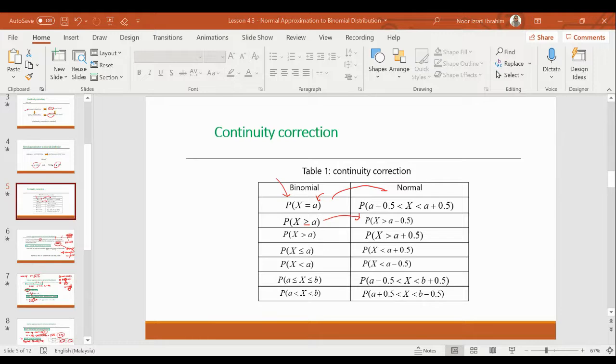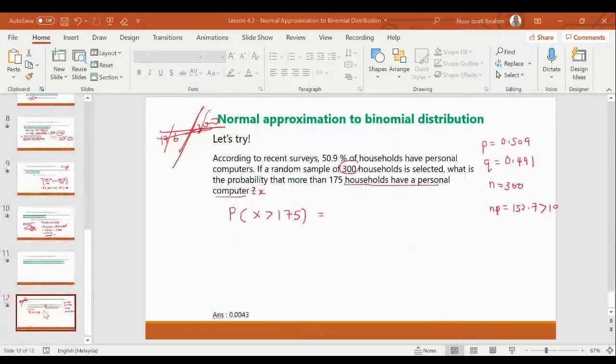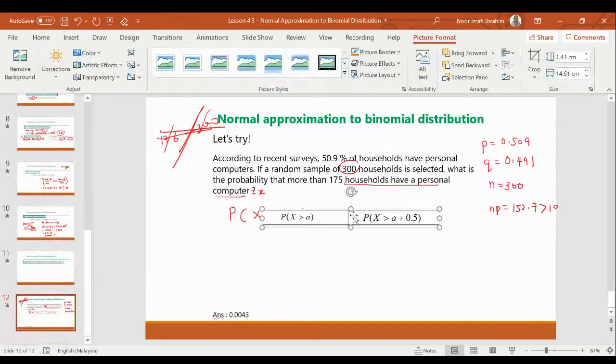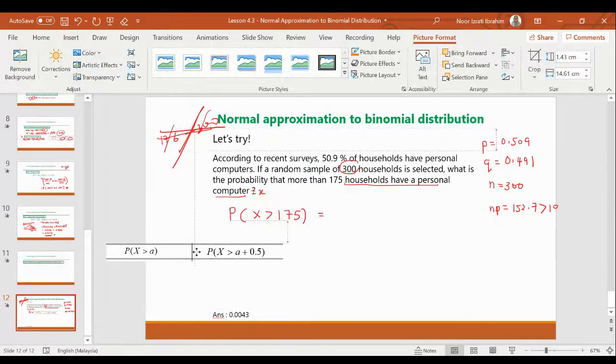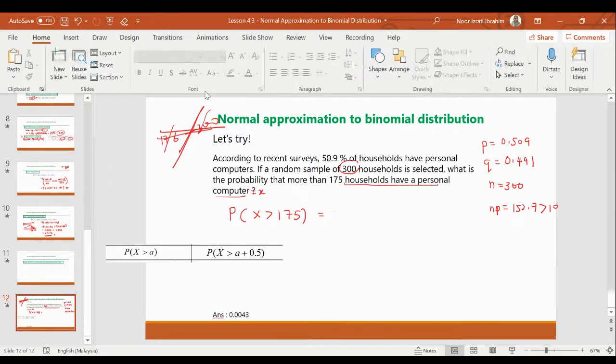Let me just paste it to the slide here so that we can refer. From the continuity correction, this is the correction needed. So it will be equal to x greater than 175.5. Once we do this, it automatically goes from discrete to continuous.